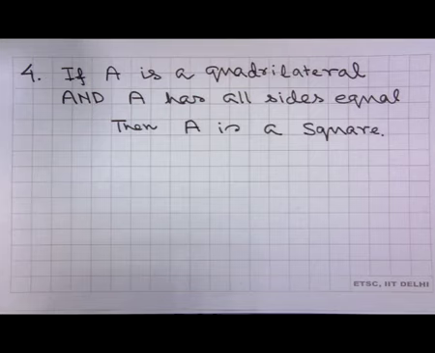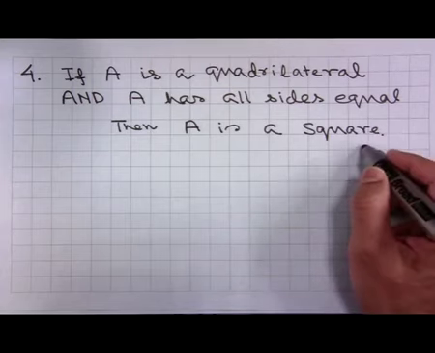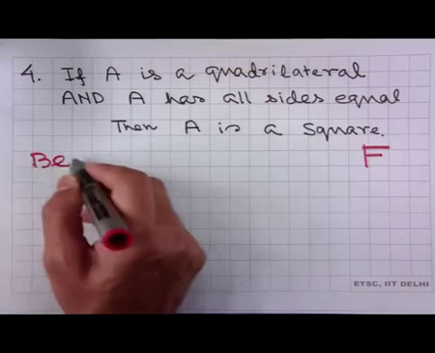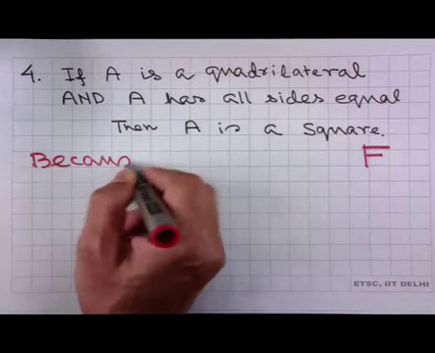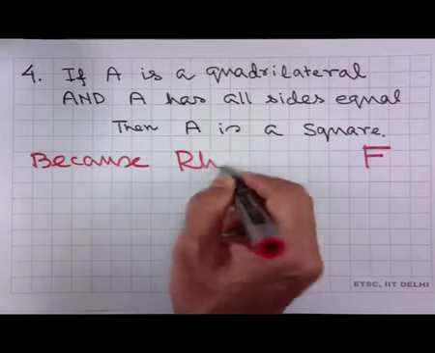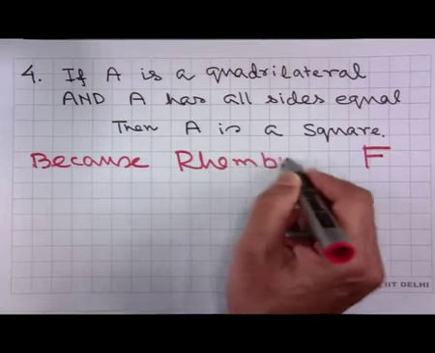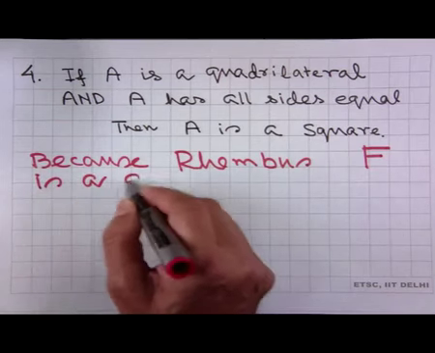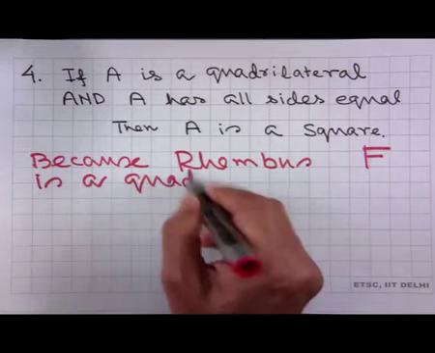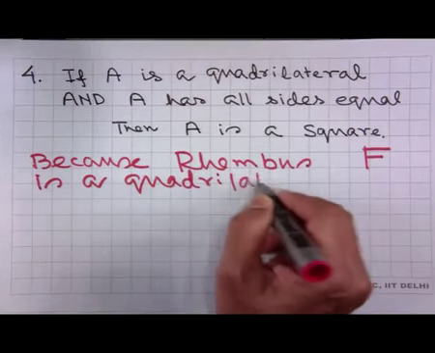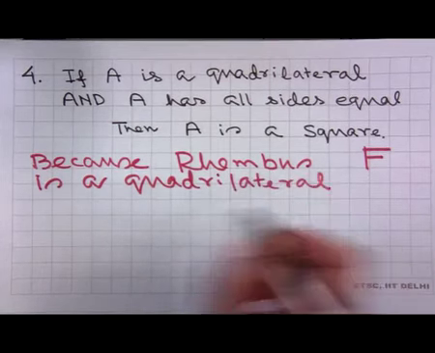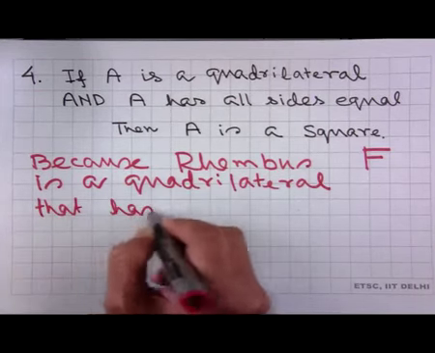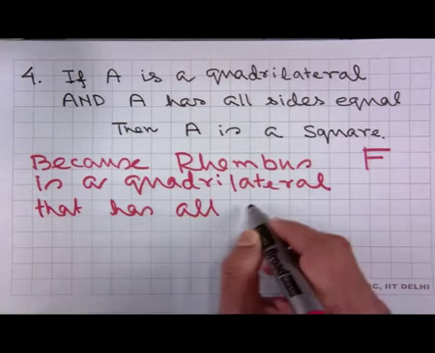No, this is false, because a rhombus is a quadrilateral that has all four sides equal.